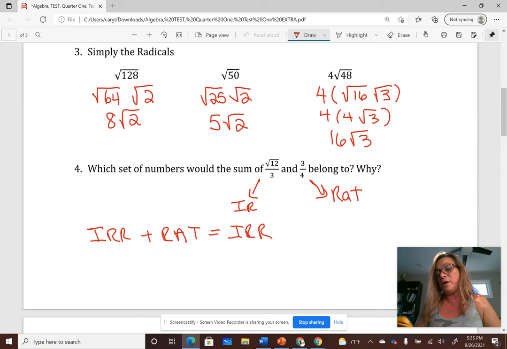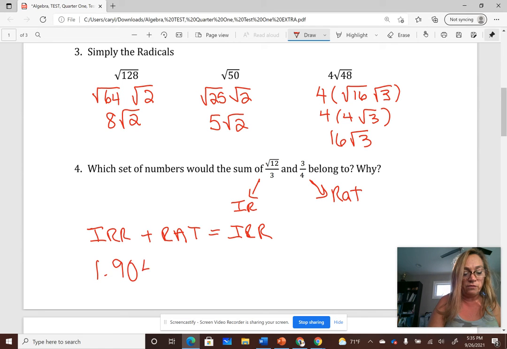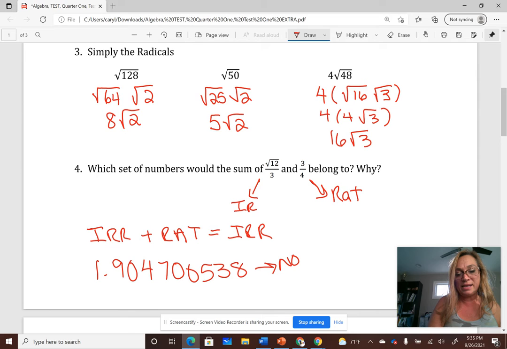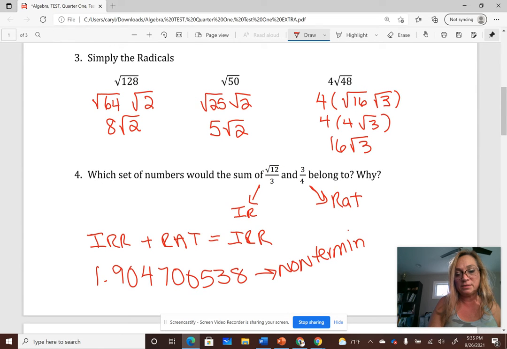And I got 1.154700538, et cetera, which is irrational. And then if I add 3/4 to that, I get 1.904700538, which is a non-terminating, non-repeating decimal.